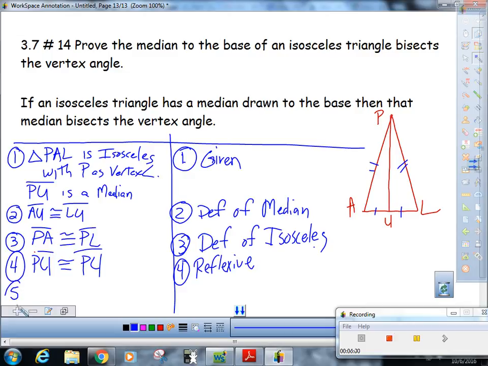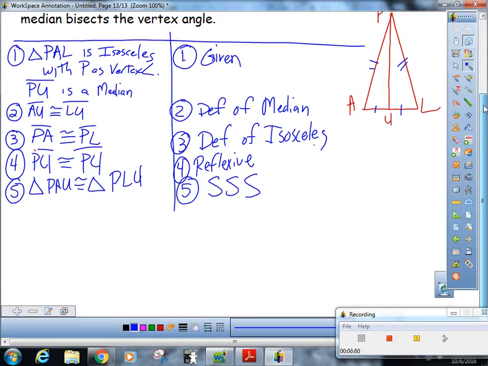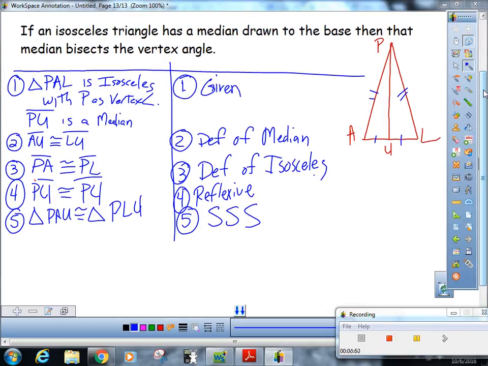Alright, so now I can say that triangle PAU is congruent to triangle PLU by SSS, also known as the snake theorem, from here on out at least. Okay, so we want to prove that the median bisects the vertex angle.